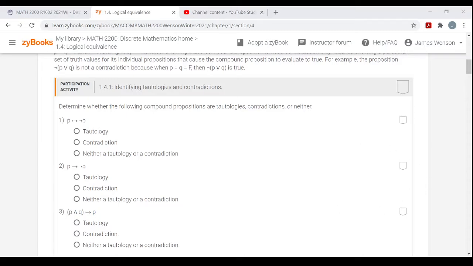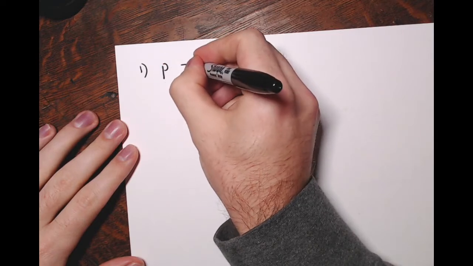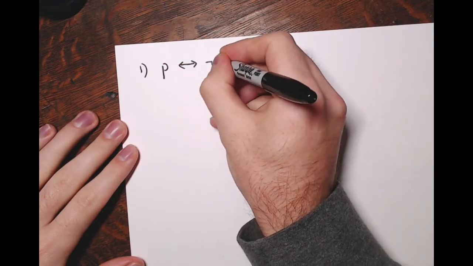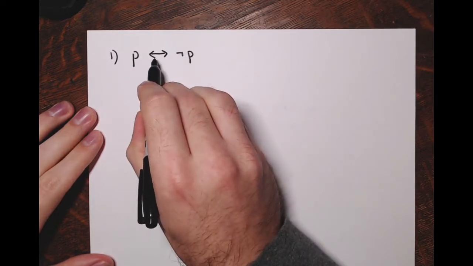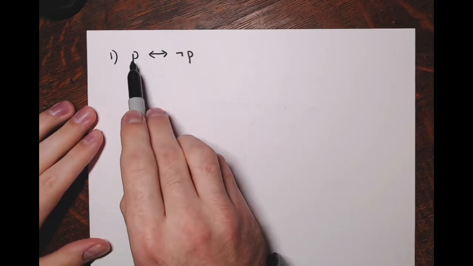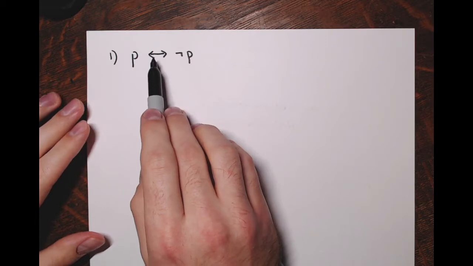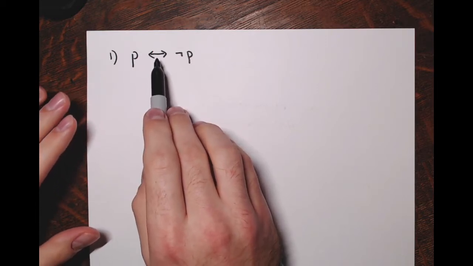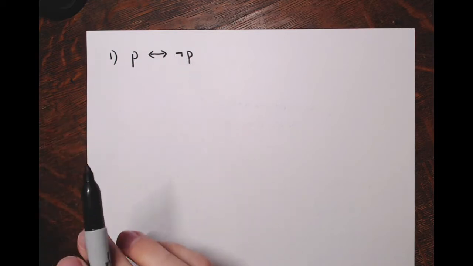Let's start off with the statement P if and only if not P. Remember, this is that biconditional. If you recall from last section 1.3, a biconditional statement was true only when the two statements on either side of it had the same truth value.